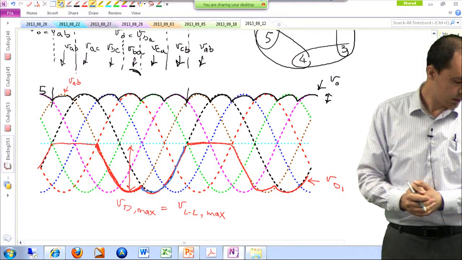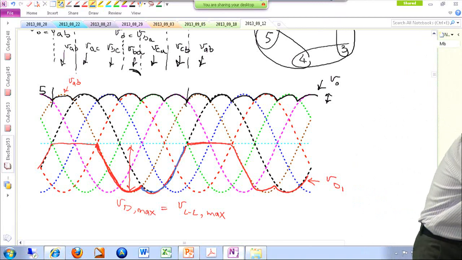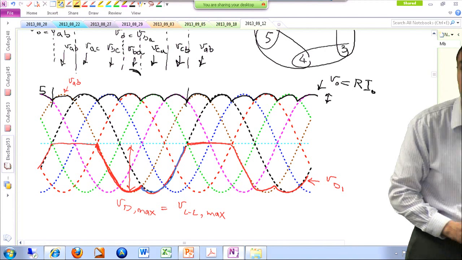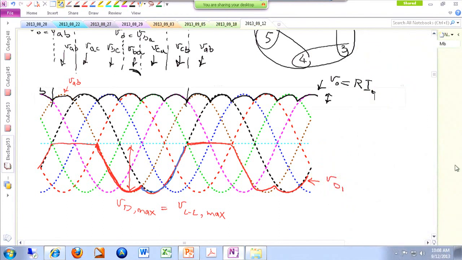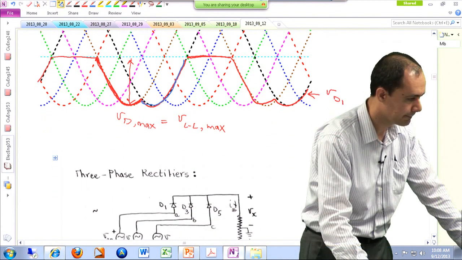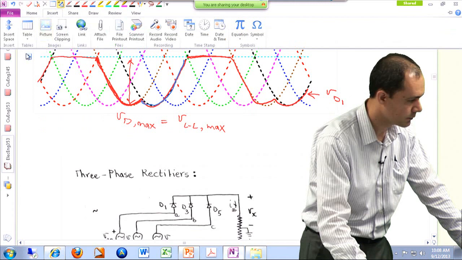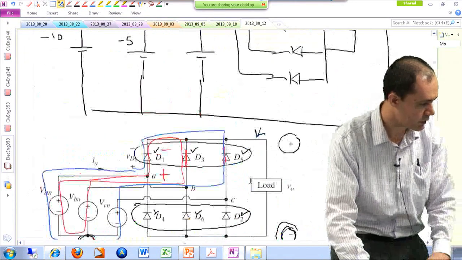More important than the diode voltages are the diode currents, and please remember our load is a resistive load. So if you have the output voltage, this is also the resistance times the output current. Okay, so this also gives us the waveform for our output current. If I'm interested in plotting the current of a diode, let me do it. This is going to get a little scary.